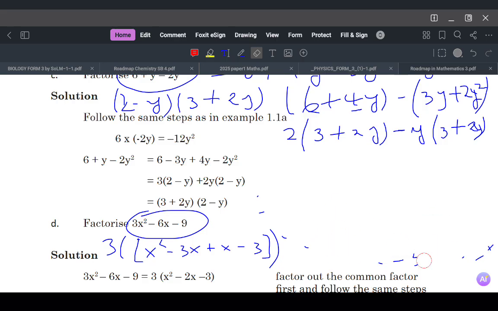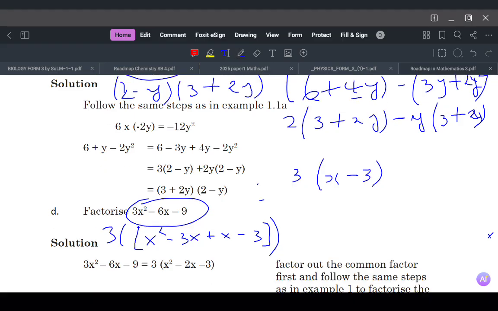All right, so factorizing the brackets inside shall give us 3 open brackets, we shall have x out, then minus 3, and the other one will also form in brackets here.